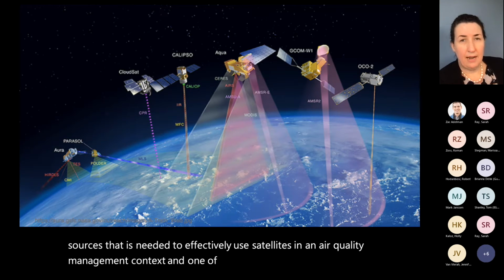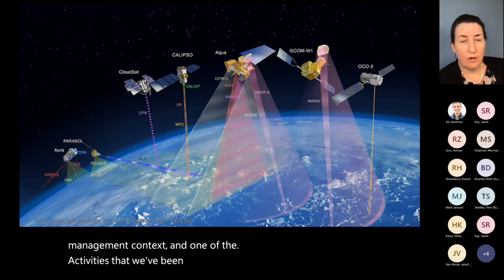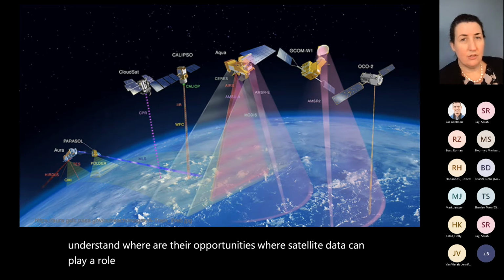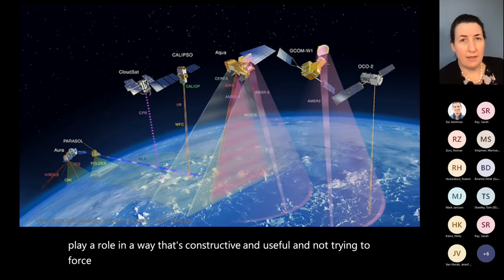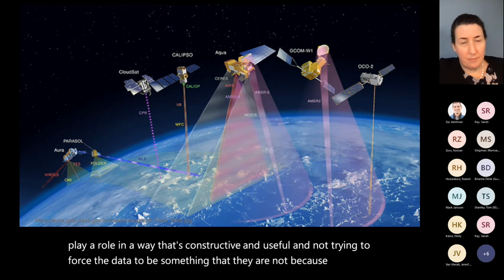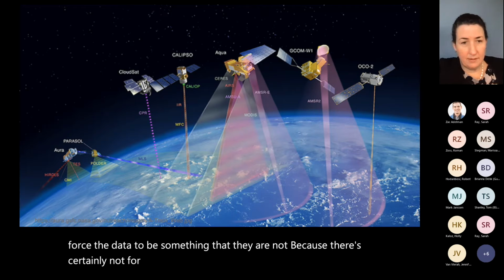One of the activities that we've been engaged in for over 10 years is trying to understand where there are opportunities where satellite data can play a role in a way that's constructive and useful, and not trying to force the data to be something that they are not, because they're certainly not, for example, a substitute for ground-based measurement.